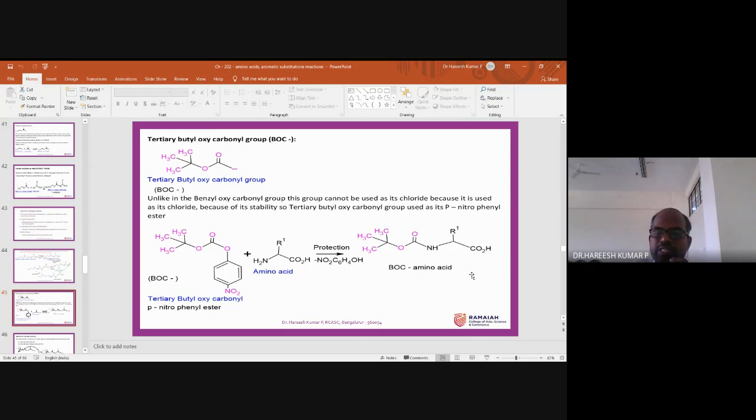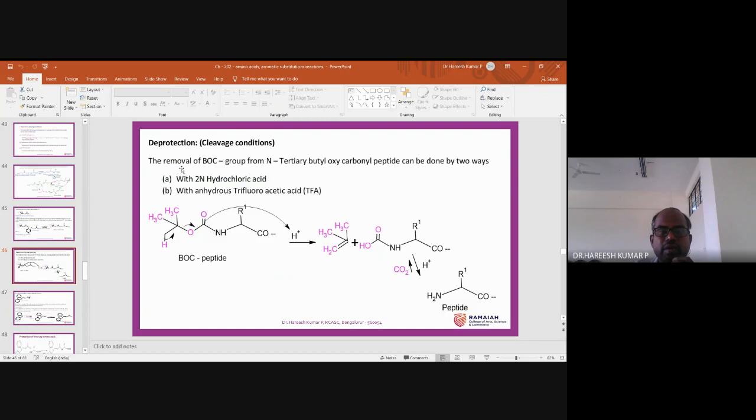This process, activation and coupling, can be carried out until the desired peptide is obtained. Once the desired peptide is obtained, it can go for deprotection. In the next slide, I will explain how the tertiary butyl oxycarbonyl group is deprotected.